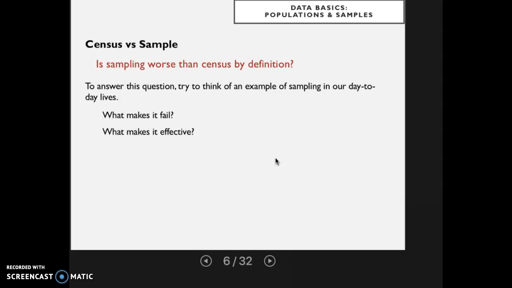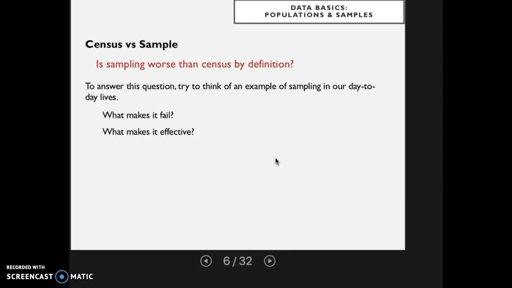So you need to do things to make sampling effective, to guarantee, or to increase your chances, that the sample that you're extracting is representative of the whole thing you want to generalize to, right? In this case, the little piece of food that you're taking is representative of the whole dish.